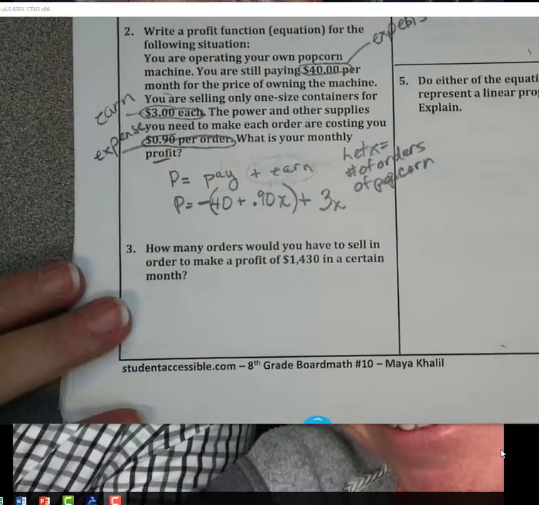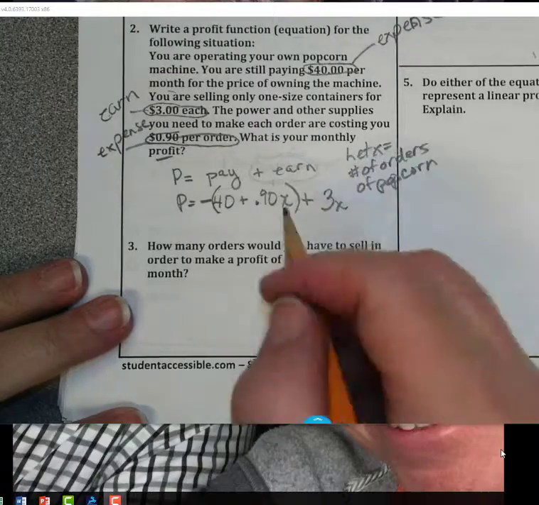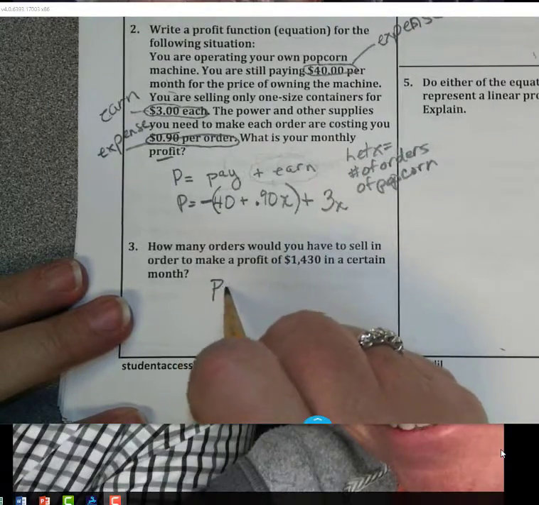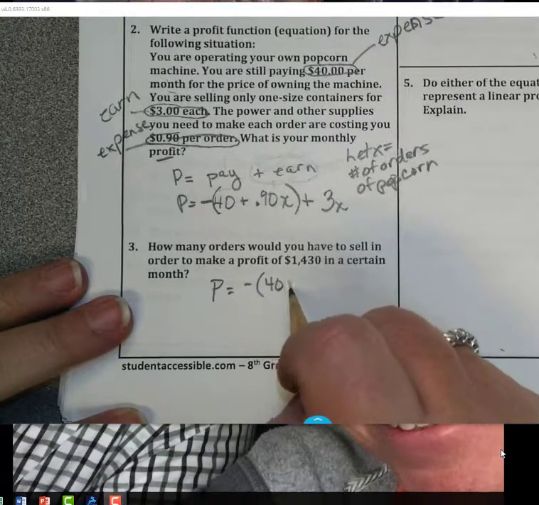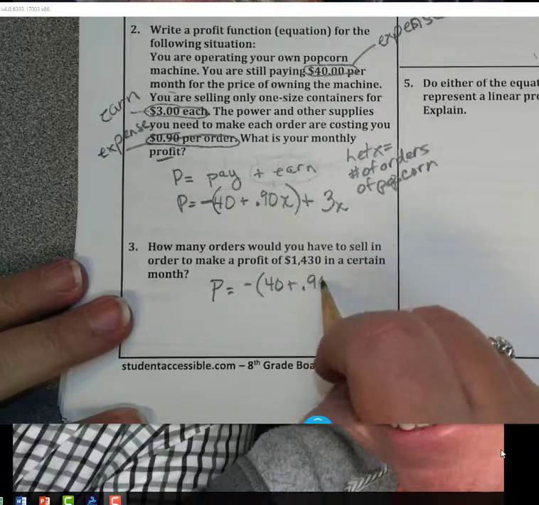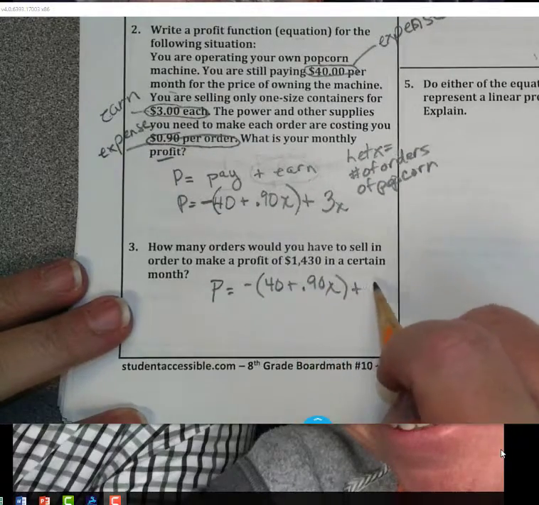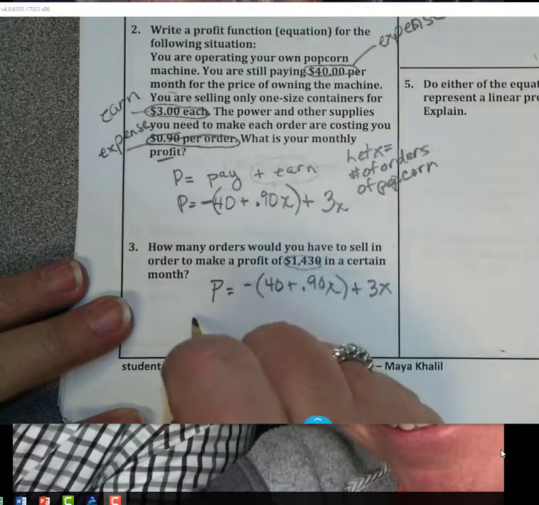How many orders would you need to sell in order to make a profit of $1,430? So I just set up this equation. I'm going to use P equals the opposite of 40 plus 0.9x plus 3x. And then I am substituting this in for the profit.